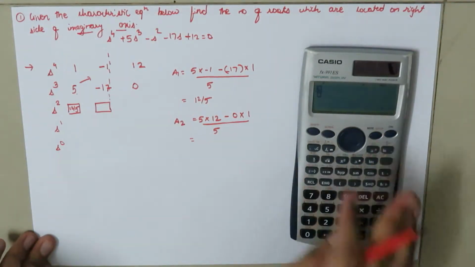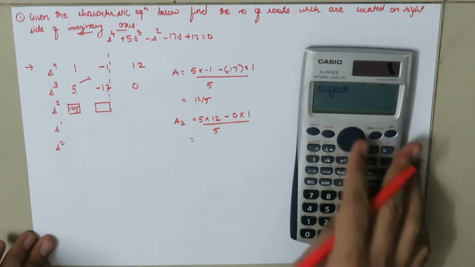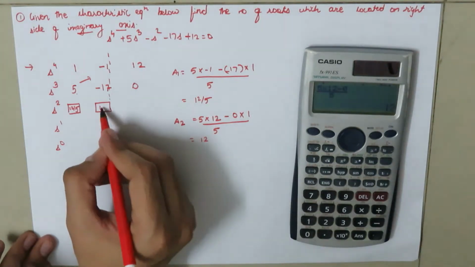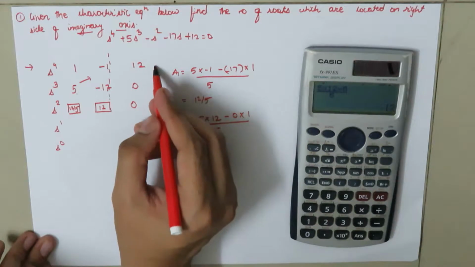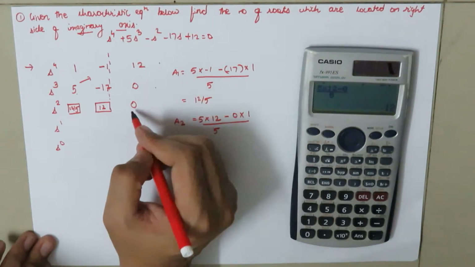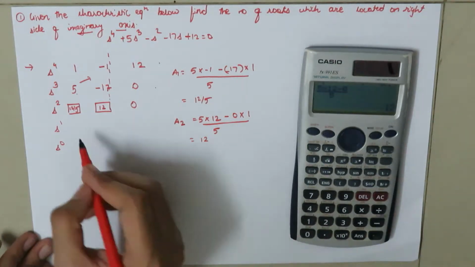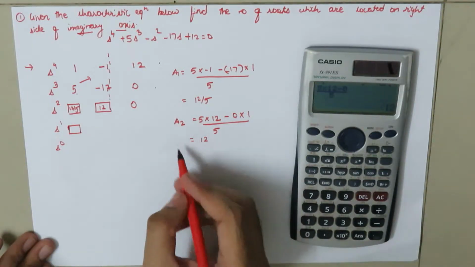So this will be 5 multiplied by 12 minus 0 over 5, which equals 12. And this element will be equal to 0 because we don't have any numerical terms in order to find this element.